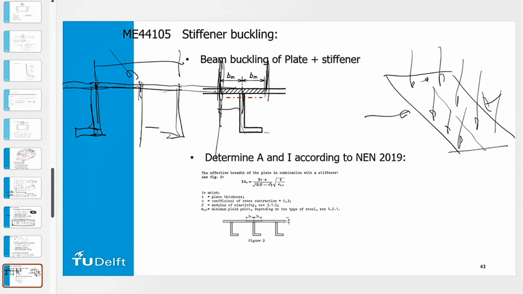So basically, I take into account that the plate width, up to the yield limit, can form a kind of beam element where you can add the plate effect to the stiffener up to this effective width limit.